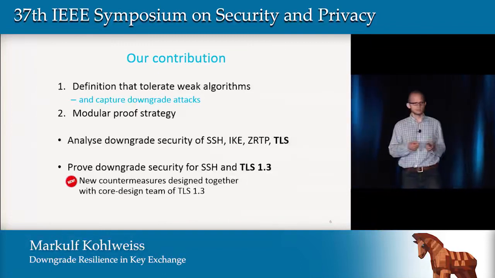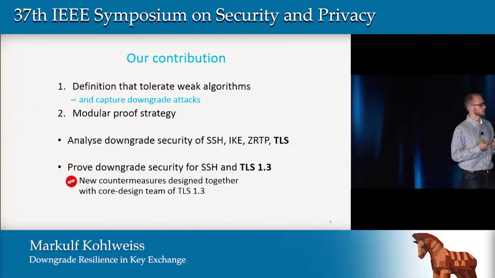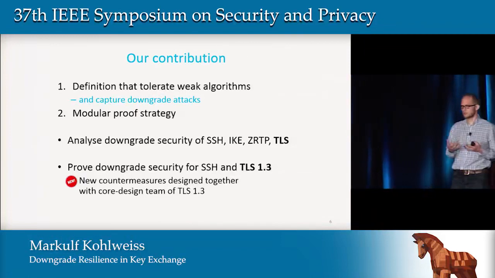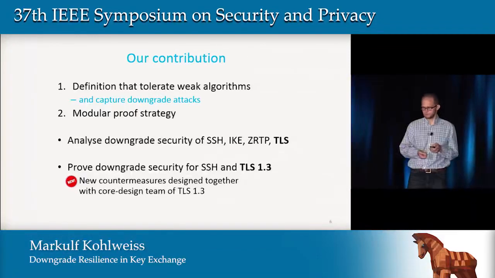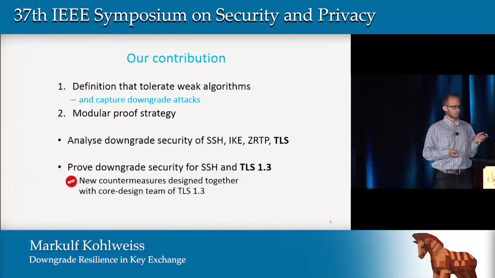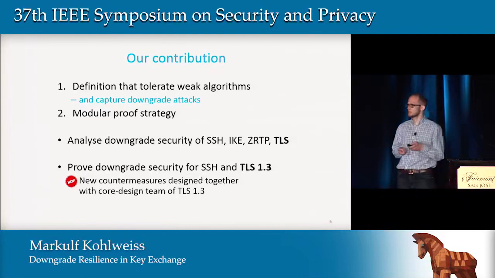Our goal here was to really stretch our first 2 contributions to see how they can deal with different protocols being thrown at them. I will focus throughout on TLS, and in particular on TLS 1.3 for our positive results.